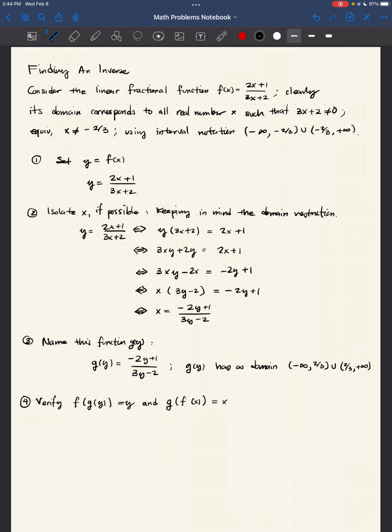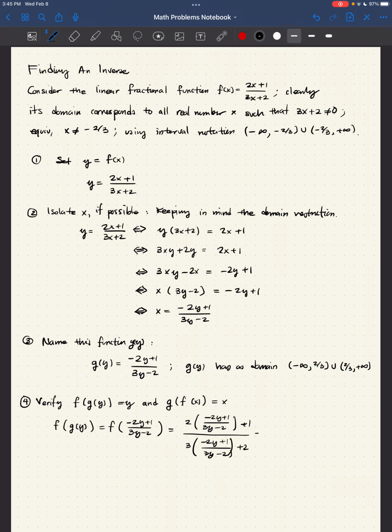You would say, first thing, f of g of y. I perform the substitution. This would be f of negative 2y plus 1 divided by 3y minus 2, which in turn is going to be 2 times negative 2y plus 1 over 3y minus 2 plus 1, all over 3 times negative 2y plus 1 over 3y minus 2, and all of this plus 2.